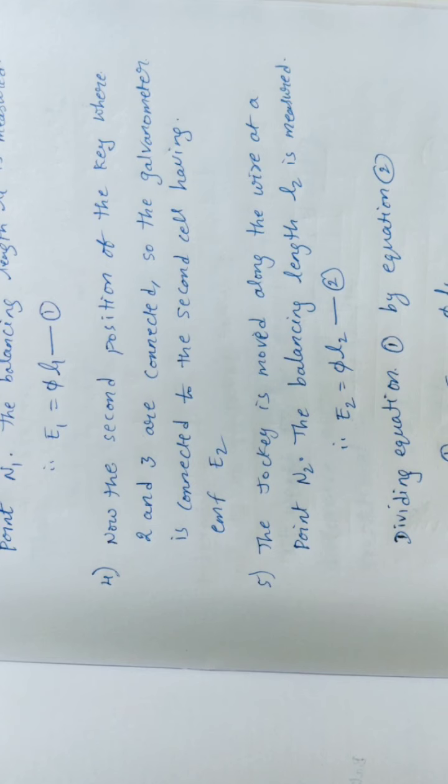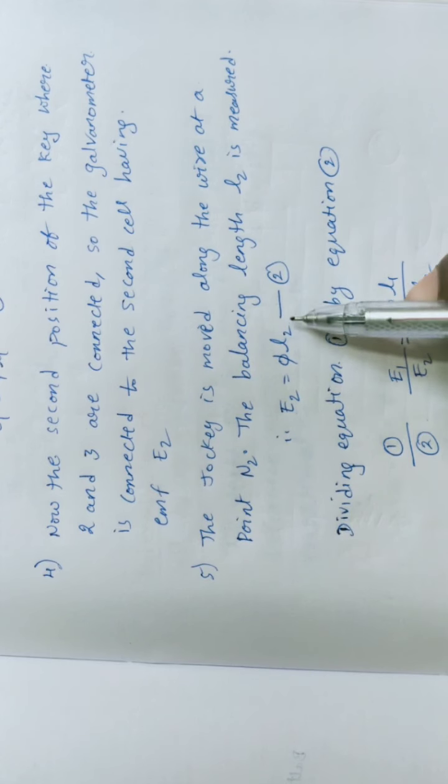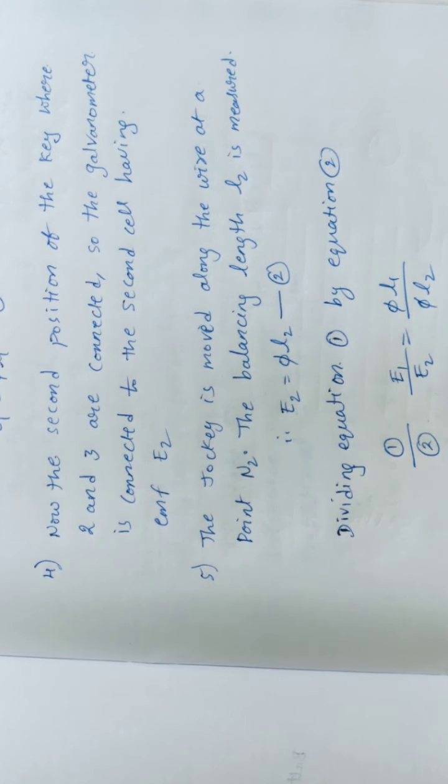Based on that, the balancing length L2 can also be found. Here also, by the principle of the potentiometer, E2 is equal to 5 into L2. I am taking that as equation 2.